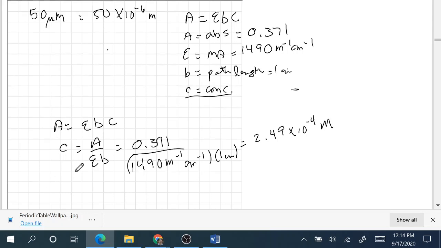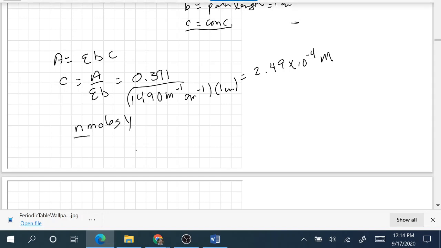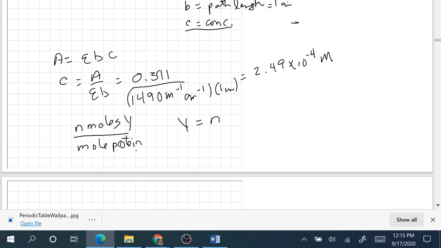So now we know our concentration, but how do we calculate tyrosines in the protein? So we know that we're going to have n number of moles of tyrosine, which is Y for the abbreviation for that, per mole of protein. Okay, so we can say that tyrosine is equal to the number of moles times the concentration of the protein.